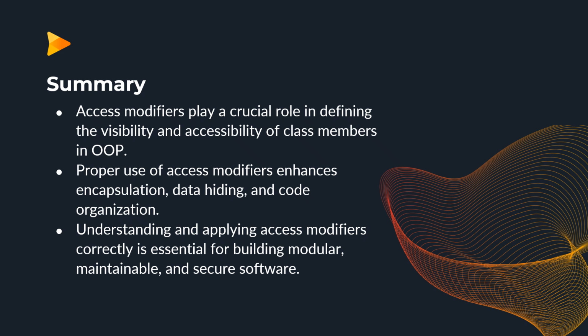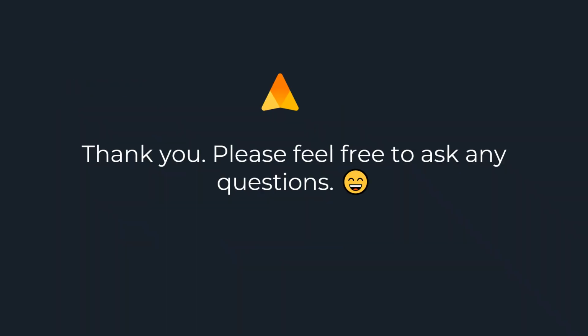Then we have seen applications, and we are going to see further topics in further lectures. This is all about access modifiers or access specifiers. It is a very important topic and can be asked as an interview question.